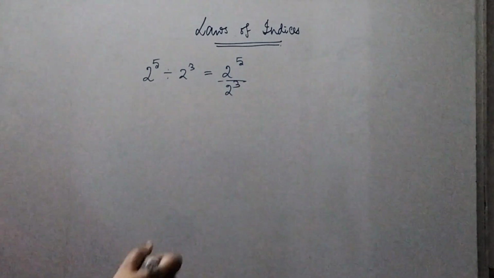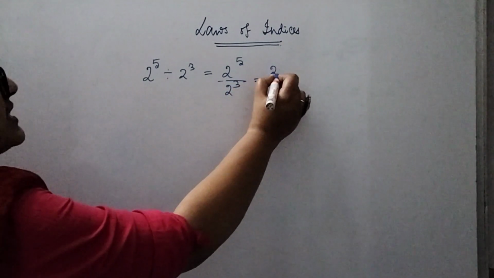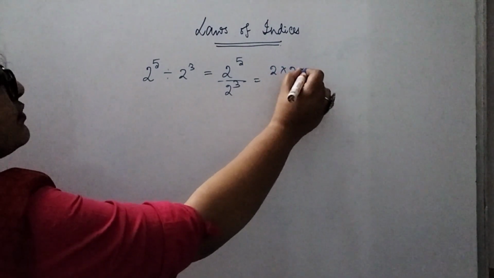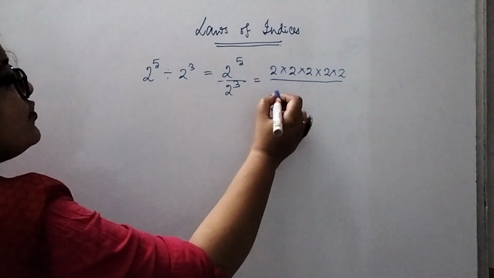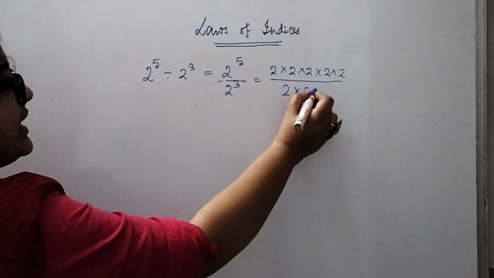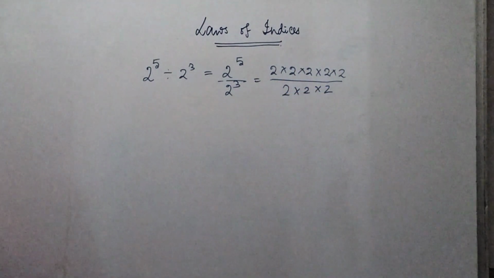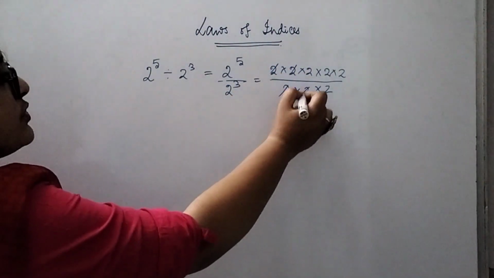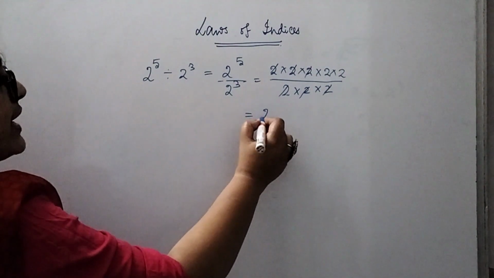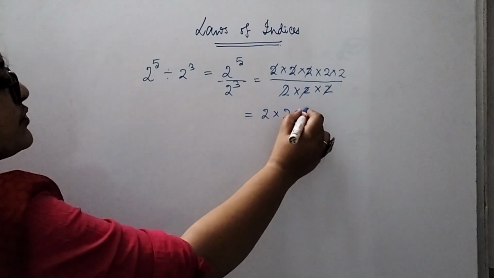Now this 2 to the power 5 can be represented as 2 into 2 into 2 into 2 into 2, and this 2 cube, meaning 2 to the power 3, can be represented as 2 into 2 into 2. So if we cancel all these 2's, we are going to get 2 into 2, which means 2 square.